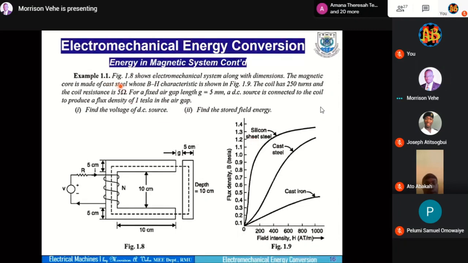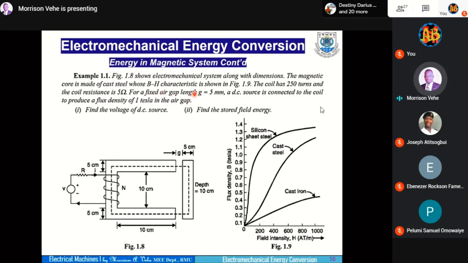So emphasis is on the cast steel, and the coil has 250 turns. So this is our coil, 250 turns, and the resistance is 5 ohms. So R is 5 ohms.